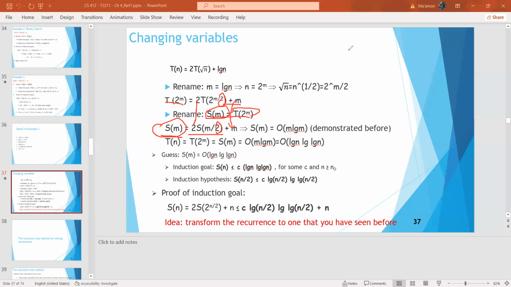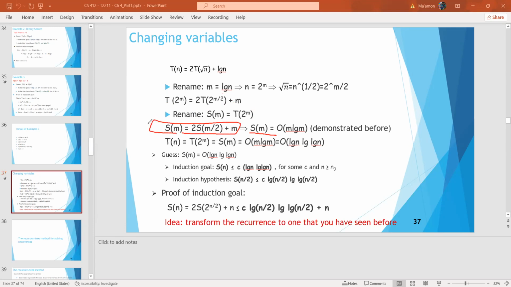Okay. Now I will clear. So we have now S of m equal 2 S of m over 2 plus m. What is this one representing, guys?